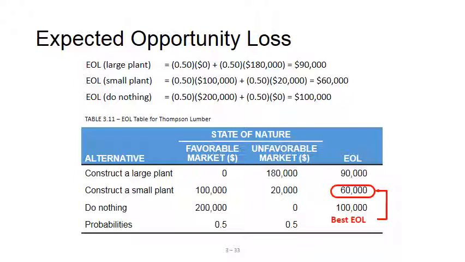We multiply it times the probability, and on the opportunity loss table, that'll give us our expected opportunity loss. Then we take the minimum EOL value, and in this case, our best expected opportunity loss is 60,000, so we would construct a small plant.